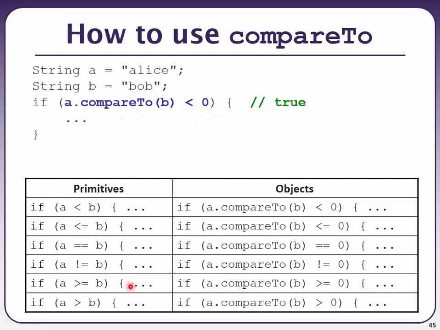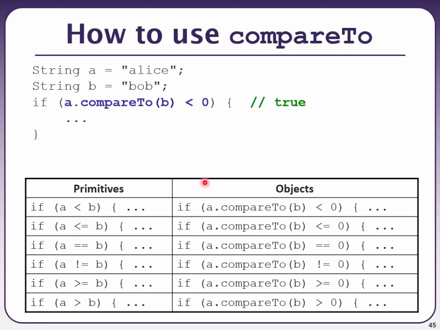All right, so this table here summarizes how you would use the compareTo method between two objects referenced by variables A and B, in comparison to how you would perform the comparison on two primitive data types.